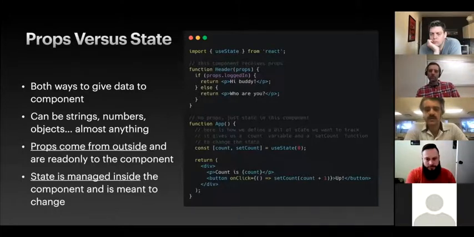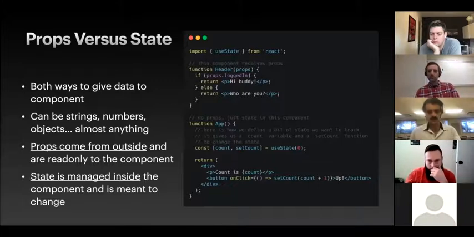So if we read down to our return block here, you'll see we're spitting out the count, whatever number it is, and then we're having a button that increments this. So I think this might be a good chance to jump into a little bit of live coding, just so you can actually see interacting with it.